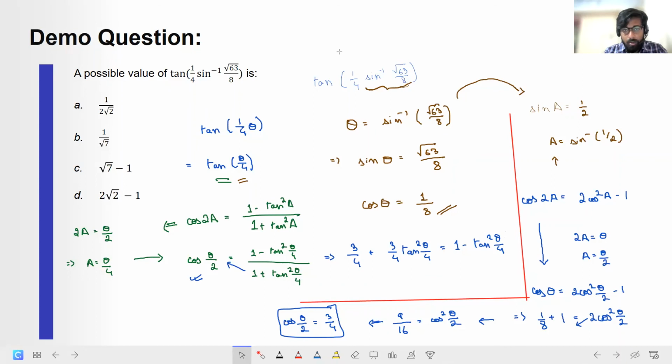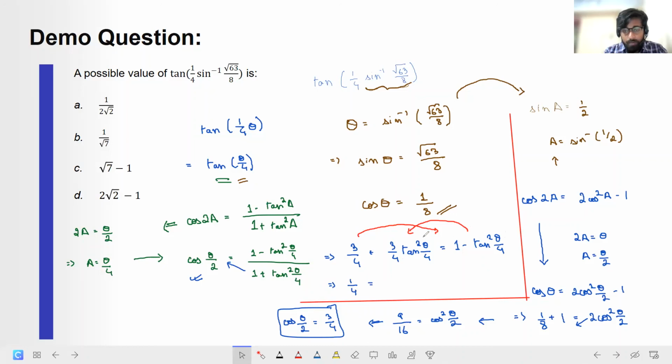Okay, now to solve this further, what I'll do is I'll just take the like terms together. I'll take this to the other side and I'll take this to this side. I want to make sure that the terms are positive for easier calculation. So if I take 3 by 4 to the other side and subtract it from 1, I actually get 1 by 4.